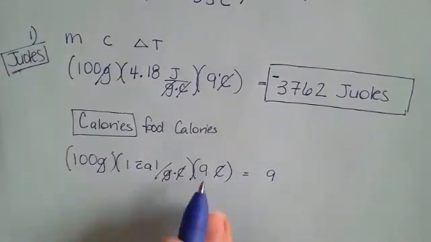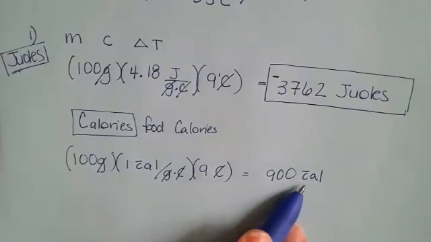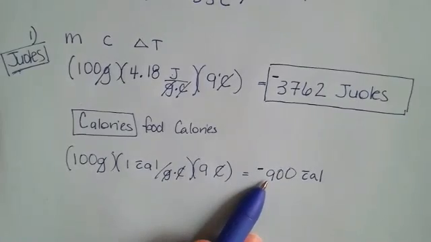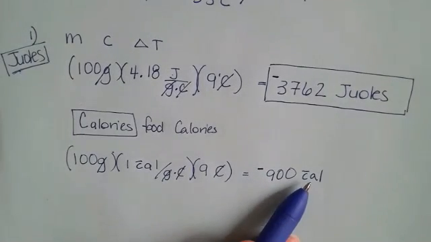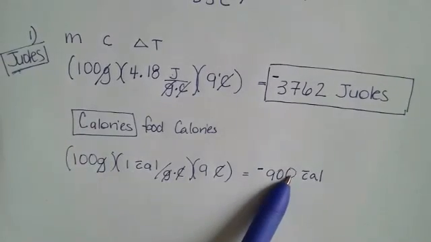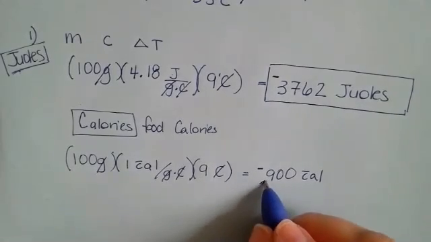Cancel. And then we end up getting 100 times 9, 900. And that's only chemical calories. Change the symbol because that's how much was given off by the food. It's only chemical calories, and I'm asking you for food calories. So to convert it, we divide by 1,000, or it's the same thing as moving it over 3 decimal places.